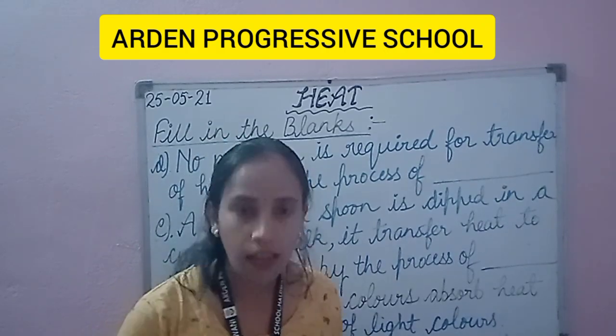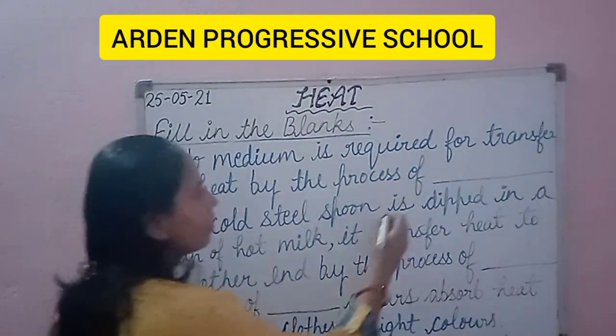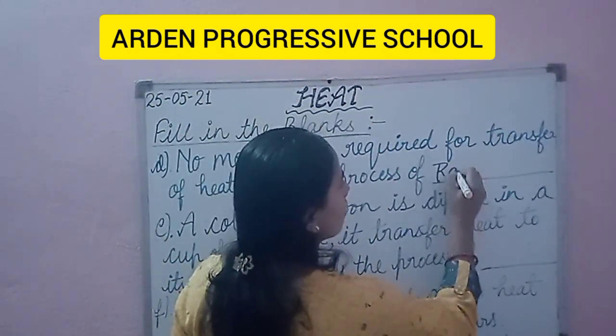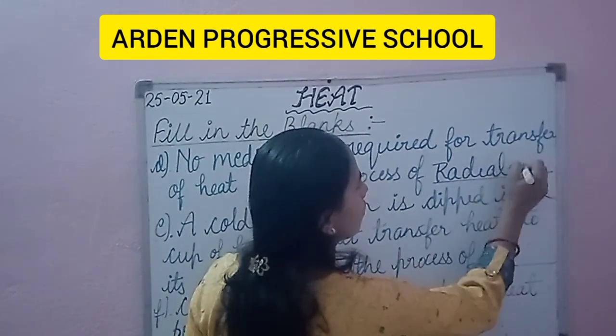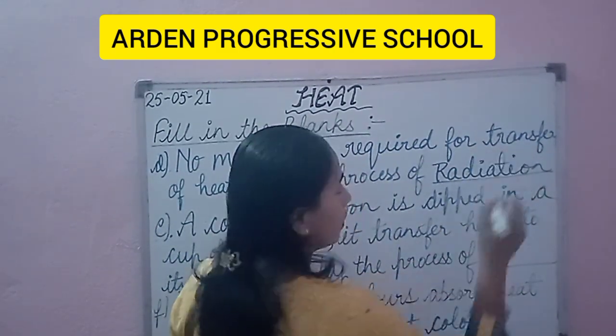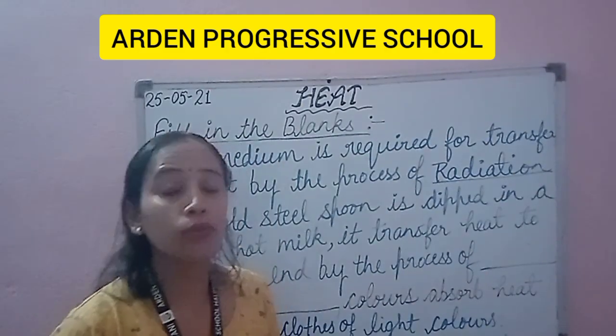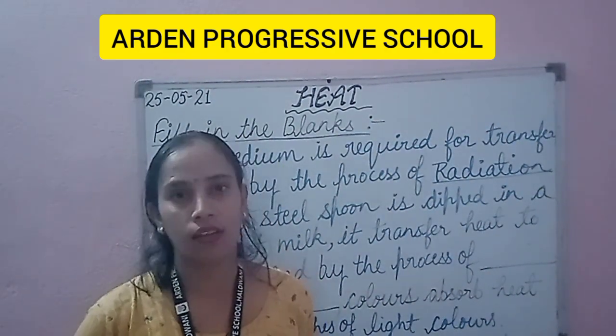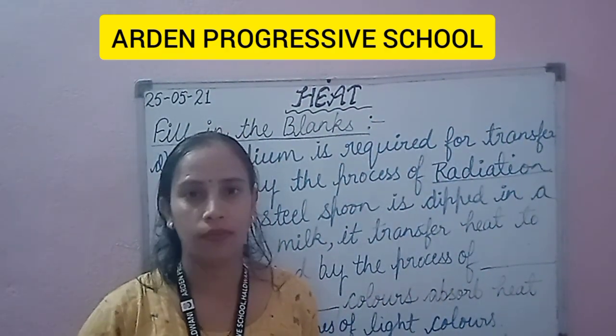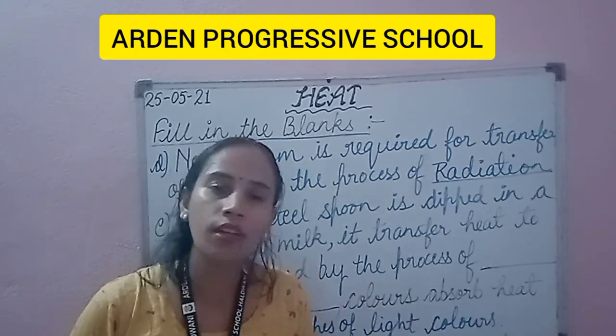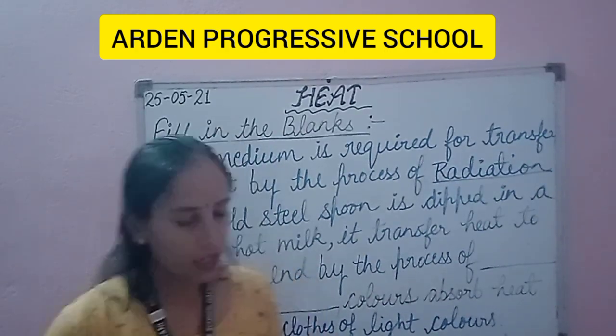That is radiation. The answer is radiation. We get heat from the sun through radiation only. There is no medium, neither convection nor conduction.